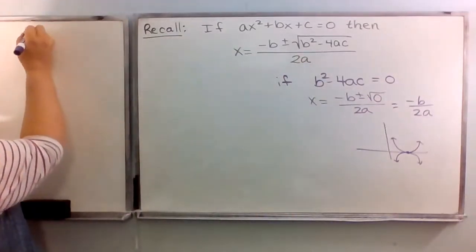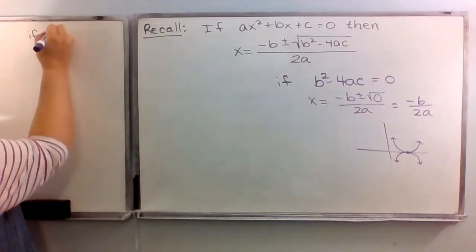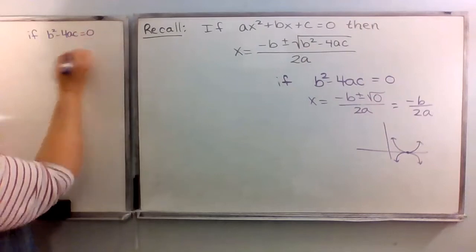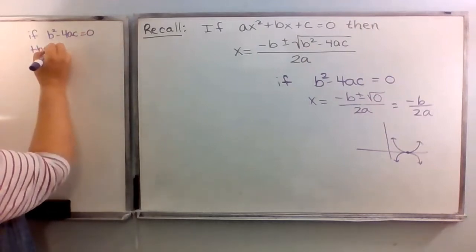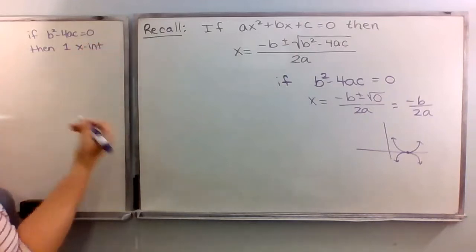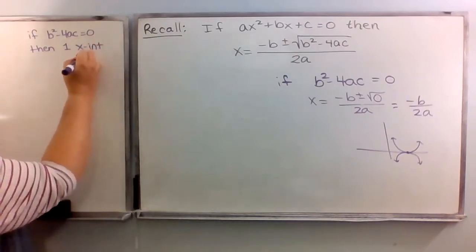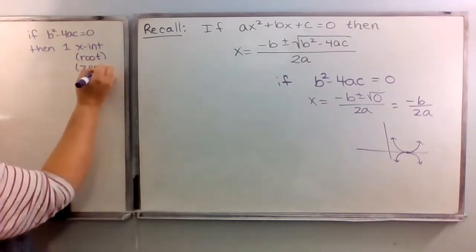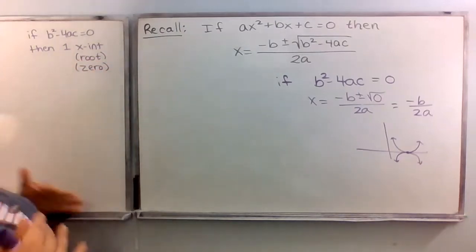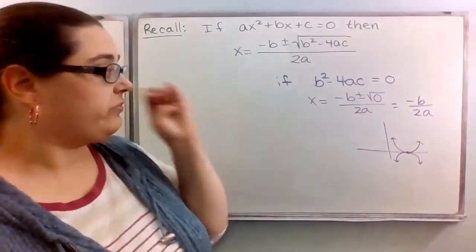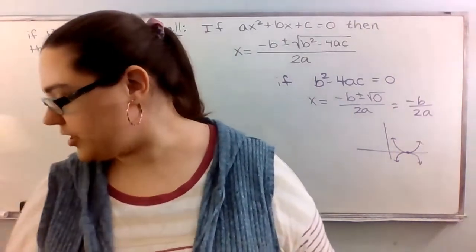If b squared minus 4ac is 0, then we have one x-intercept. And remember, the x-intercept is just another way of saying a root or a zero of a function. We're going to treat all of those words like they're synonyms in this class. Okay, cool. So that was a fun experiment.